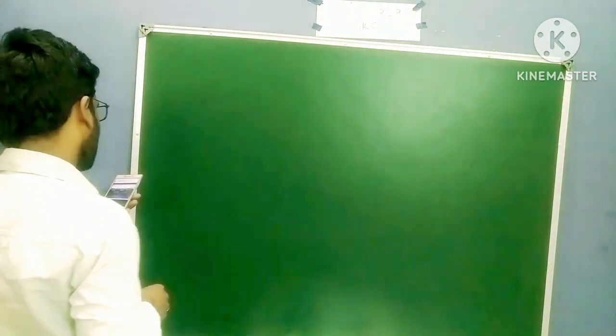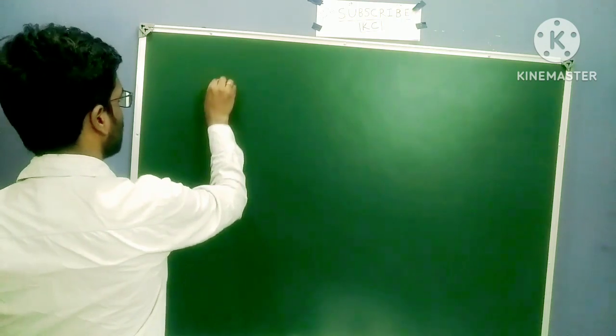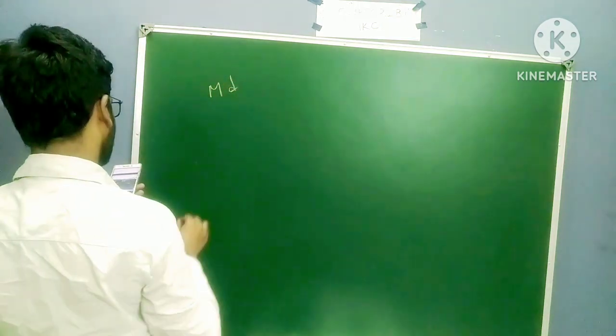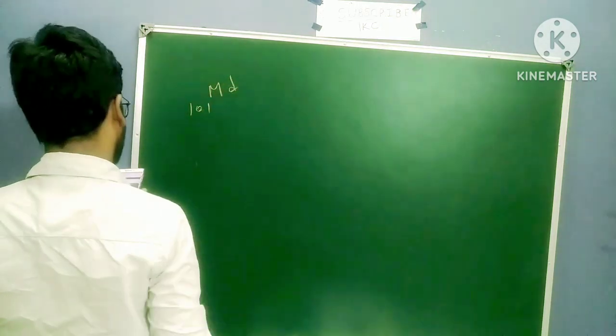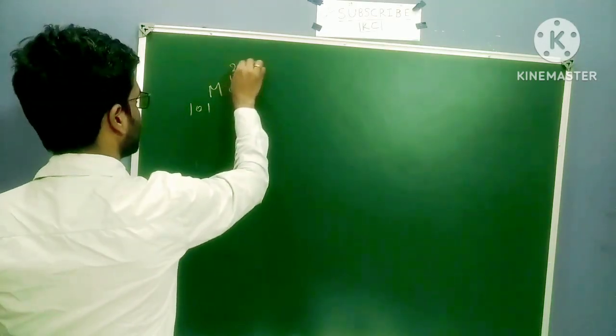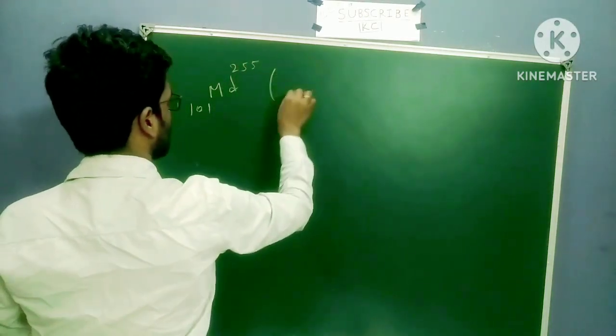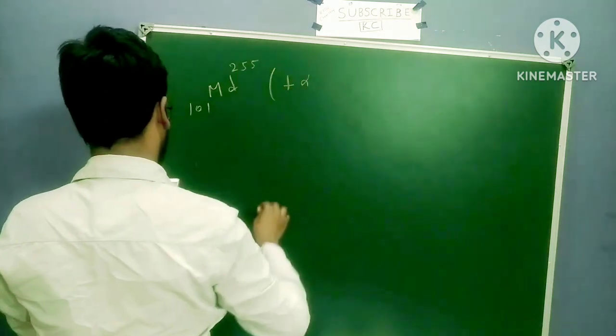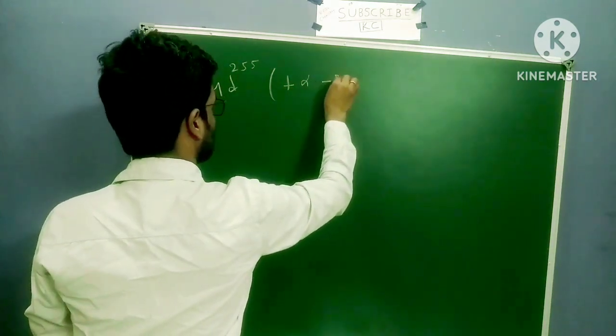Next: what will be the product of the reaction? The given nucleus is mendelevium 101, 255, in brackets, plus alpha, and minus 2 neutrons.